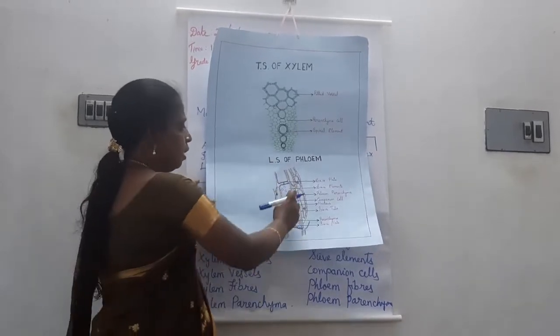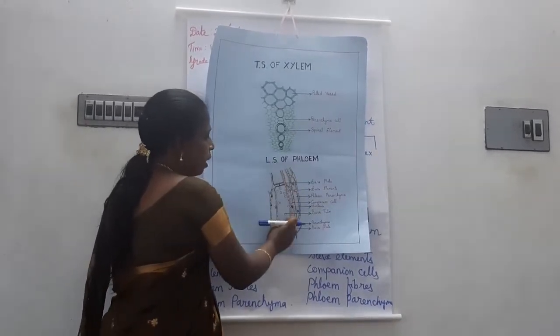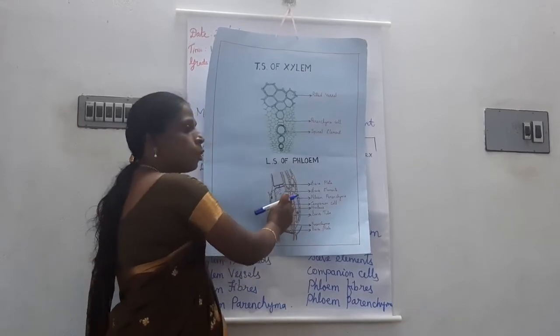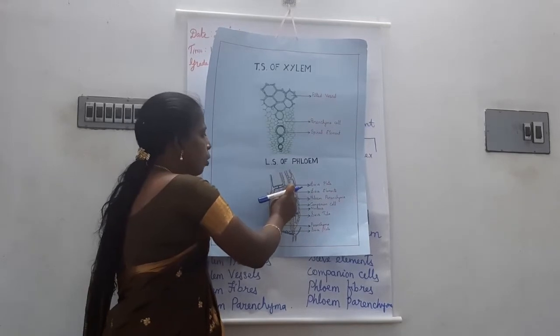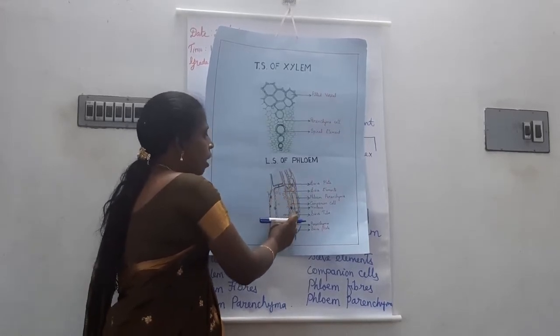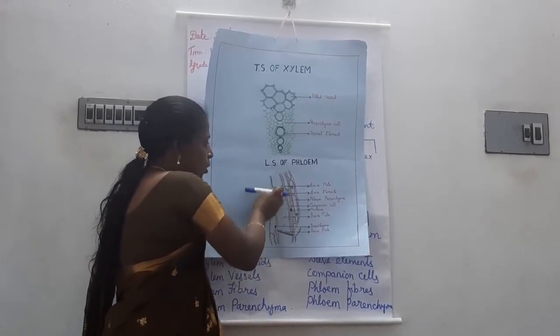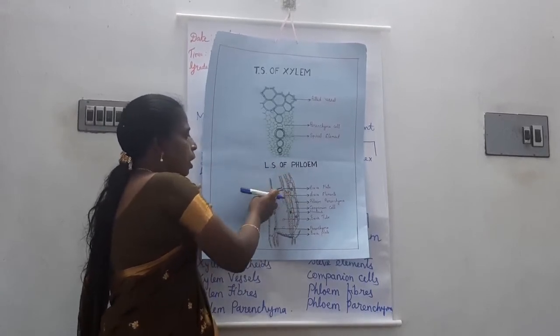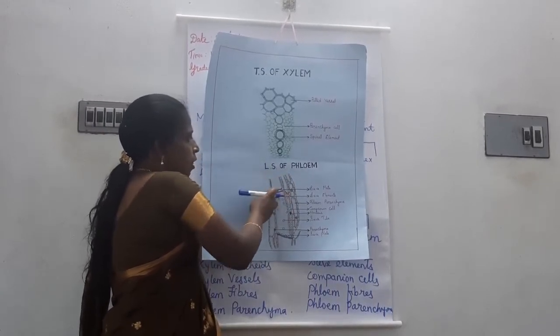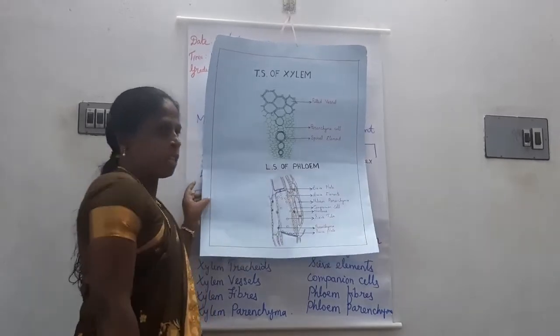Here the living protoplast is absent. It is devoid of protoplast. The lumen is narrow, and through this lumen the water can be stored and it can be transported to the other cell through these sieve plates.